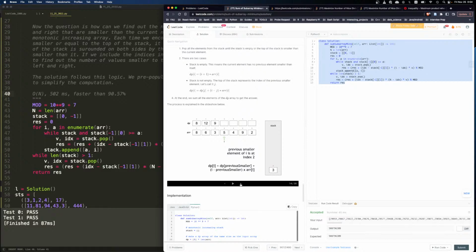Every value in between is going to be bigger than me, not smaller, because of monotonic increasing. So I will pop until I cannot pop. So it's going to be i minus the previous smallest, times 2. So it's going to be 9 plus 5 for this.